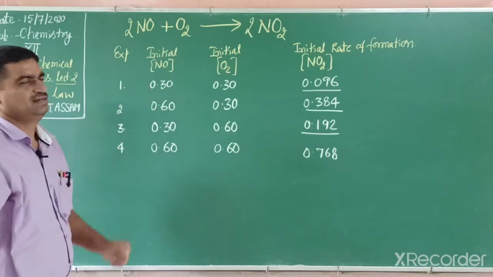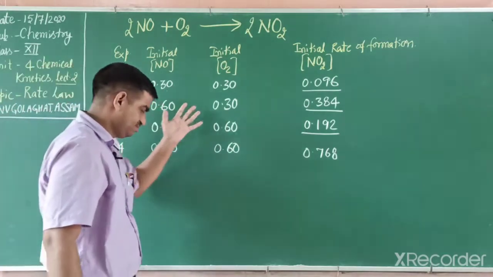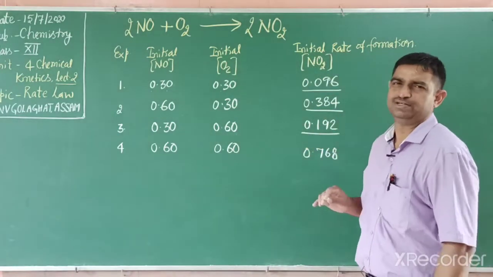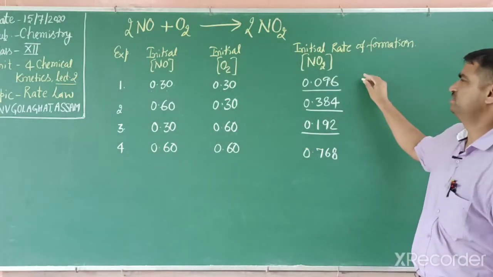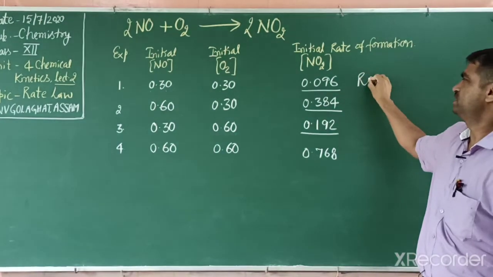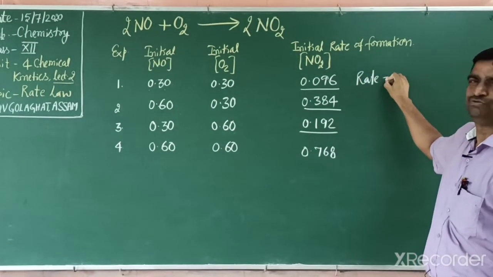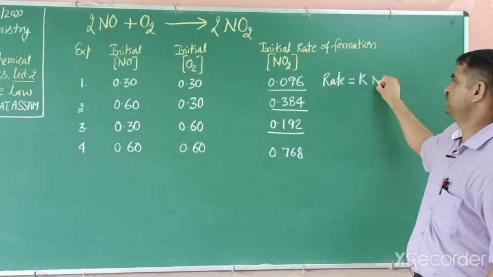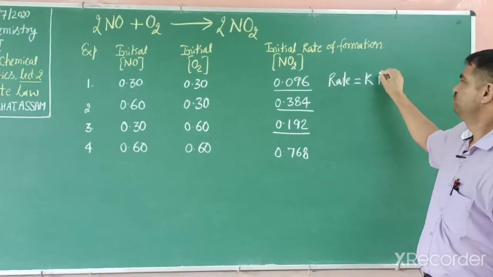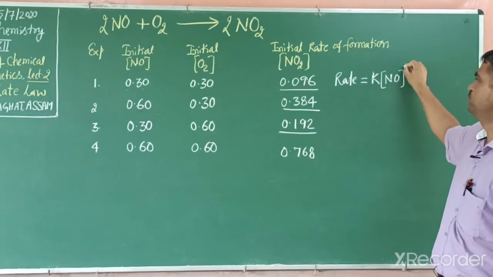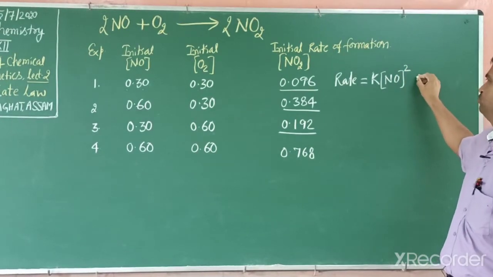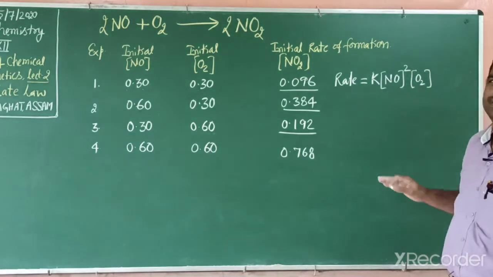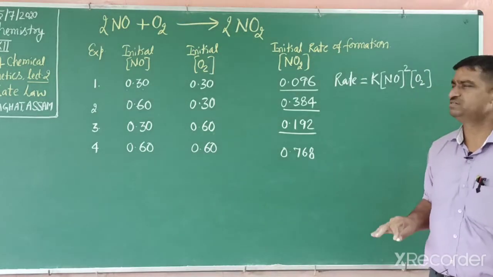We can write a rate law of this reaction from this data. So these are experimentally determined, and we can write the rate law is rate is equal to k, concentration of reactant NO, nitric oxide, power 2, concentration of oxygen, power 1. 1 we don't need to write.